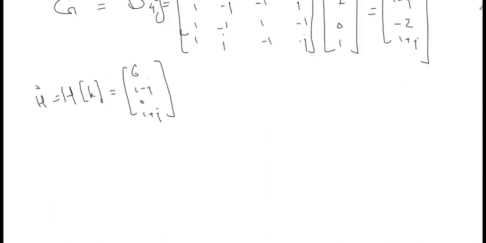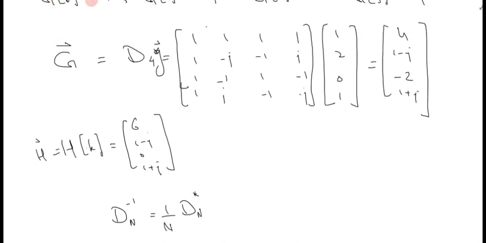Now if you want to find the inverse discrete Fourier transform, what you will need is to find this thing, which is equal to 1 over n dn conjugate. So this is your dn or d4.